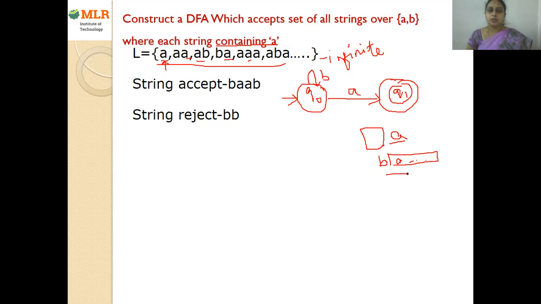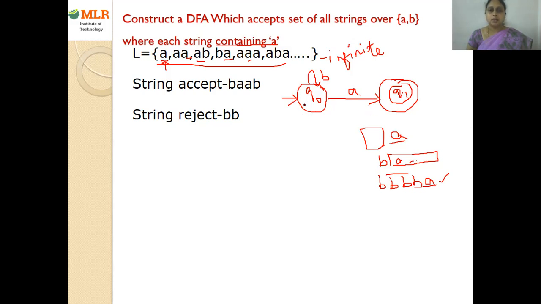If you have the string BA, that will be accepted. Otherwise, if you have any number of B's and after that you get A also, this is going to be accepted. This is one of the strings that was present here.